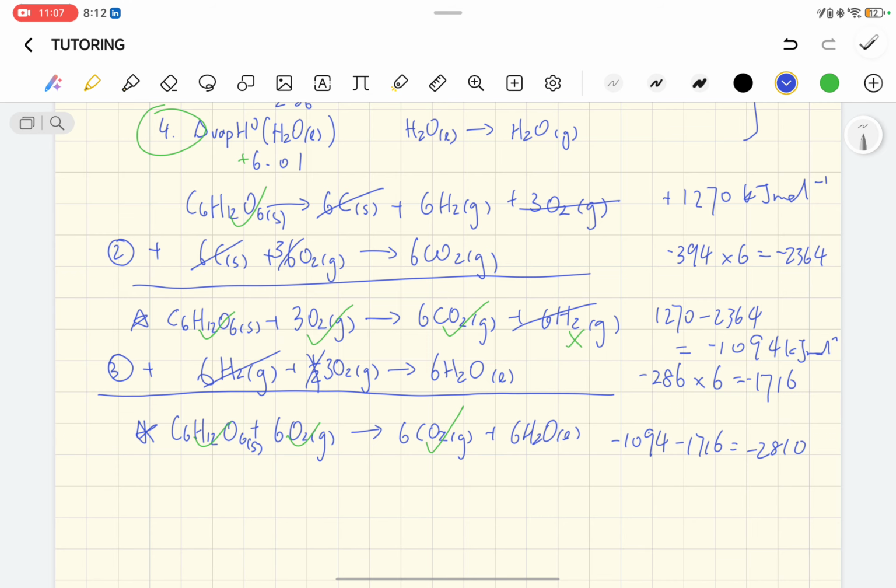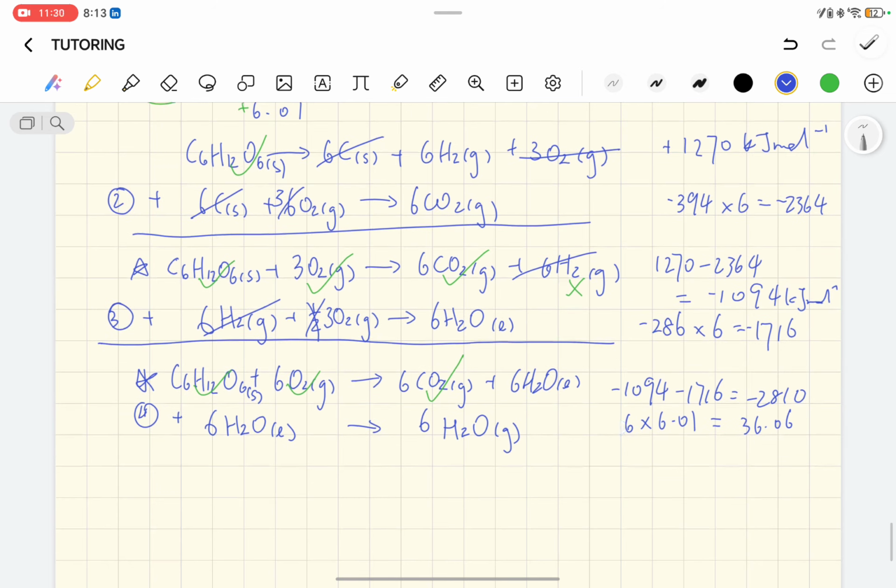We're also just gonna add 4 on, which is H2O liquid goes to H2O gas, and I'm gonna multiply everything by 6 again because we're trying to remove 6 moles of H2O liquid. So we get 6 times 6.01 equals 36.06 kilojoules per mole for the enthalpy change.